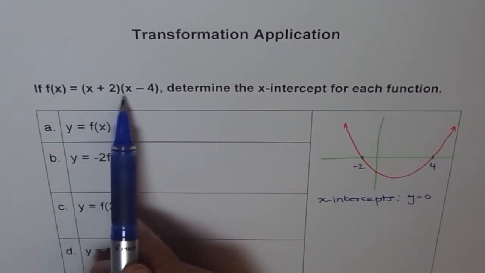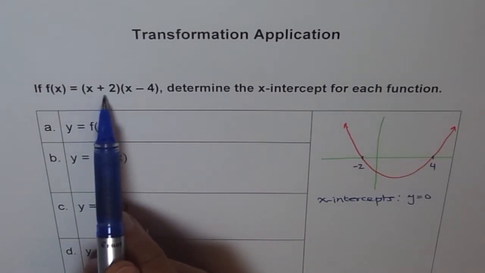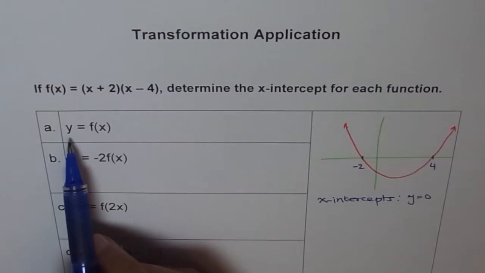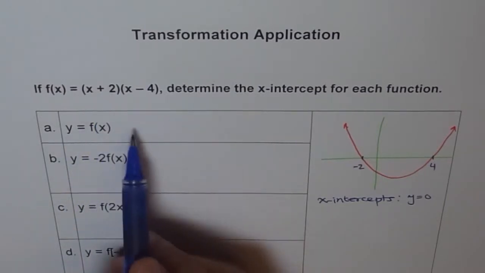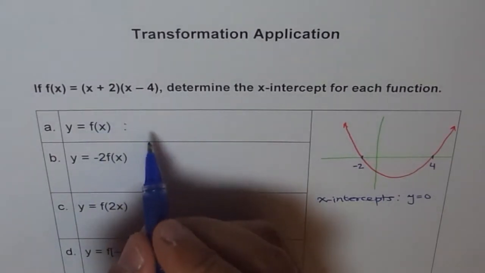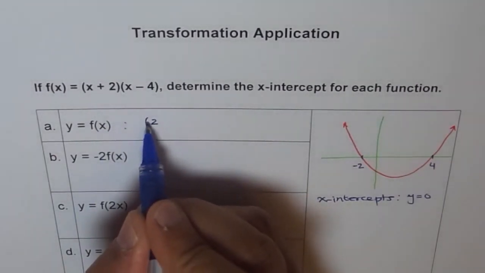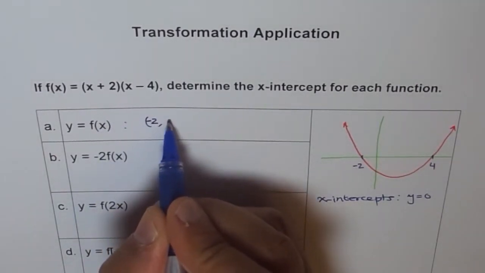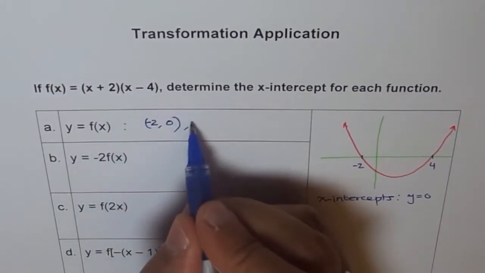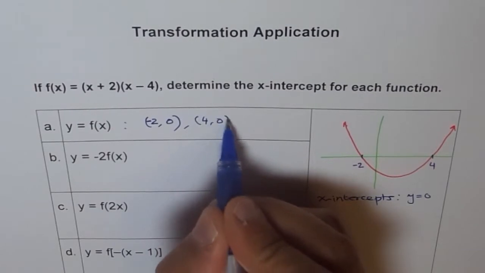To solve this equation, x could be minus 2 or plus 4. So for the first function, which is y equals f of x, the x-intercepts are at x equals minus 2, I'm writing 0 for the y value, and at x equals 4, correct?